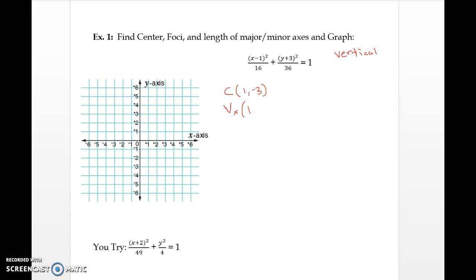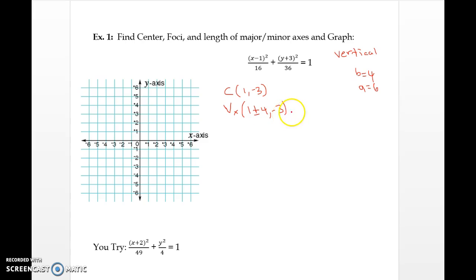Keep in mind that your equation 16, this is B squared, but B equals 4. I'll write that over here. And 36 is A squared, but A equals 6. So for X, because the 16 is under the X, I'm going to add and subtract the square root of that, or 4, to the X part.